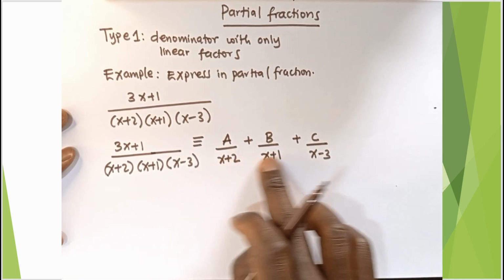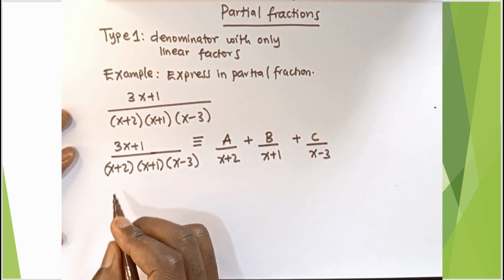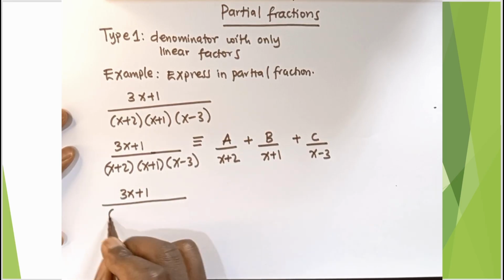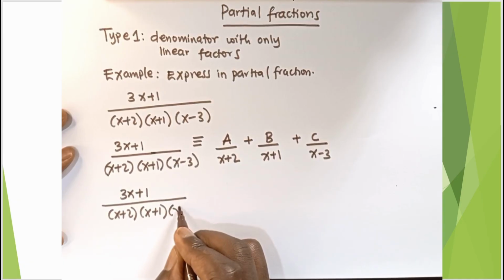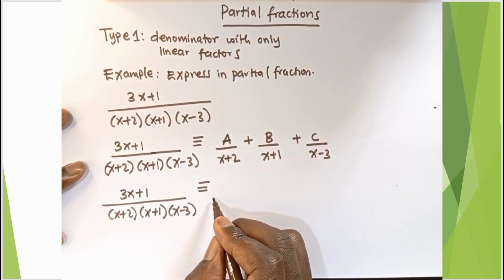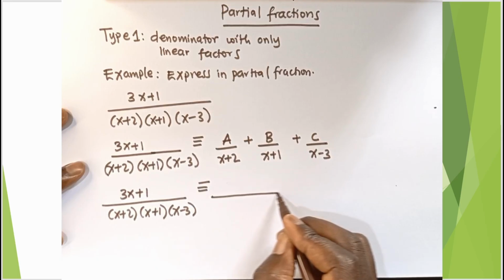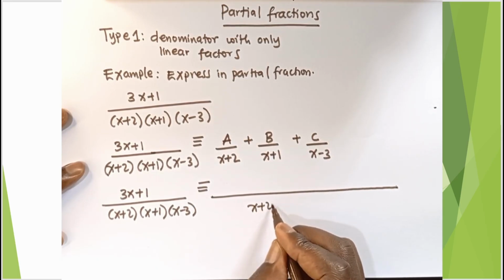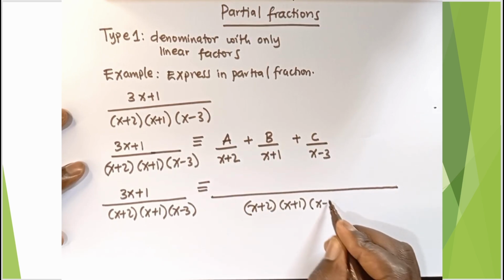The next thing is to get the LCM on the other side, that is your right hand side. So you'll have 3x plus 1 out of x plus 2 into x plus 1 into x minus 3 is identically equal to, now you get the LCM. So our LCM this side will be x plus 2 into x plus 1 into x minus 3.